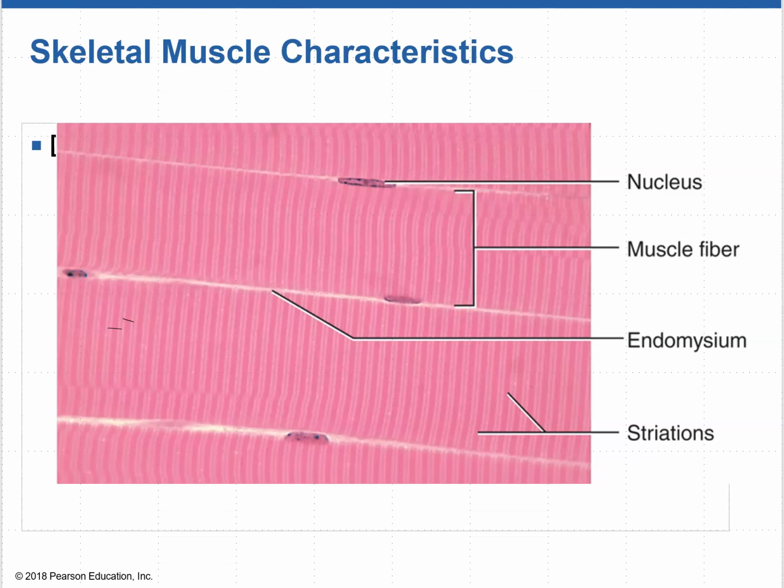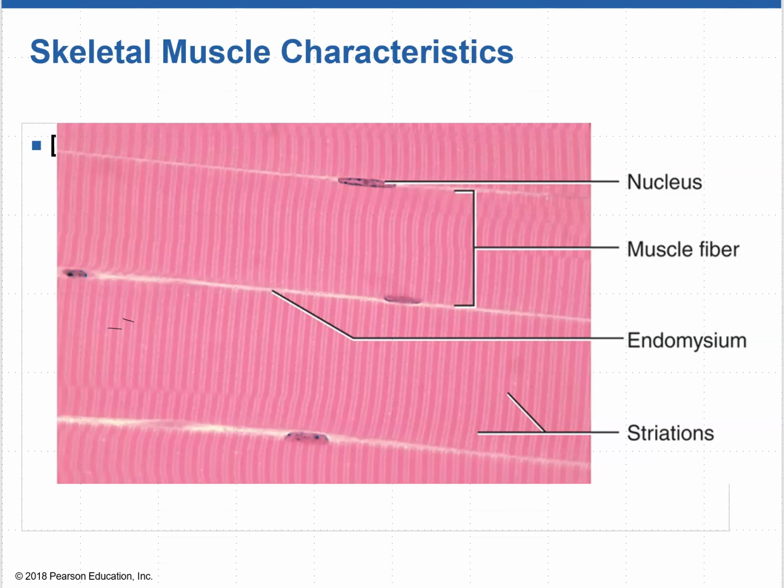Now, the muscle has 3 layers of connective tissue wrapping: the endomysium, perimysium, and the epimysium. We'll look at this in a little more detail later. Tendons are attachments between muscles and bone, and they're continuous bands of collagen fibers, which are somewhat extensible and elastic.